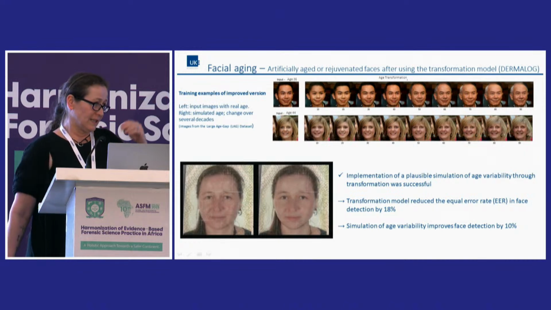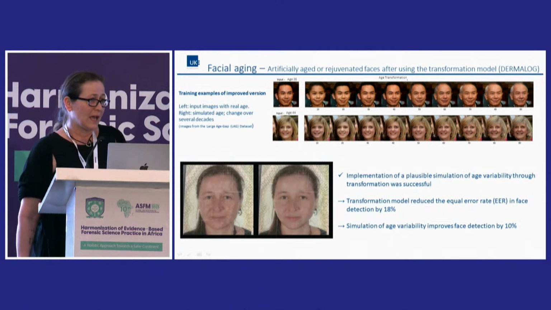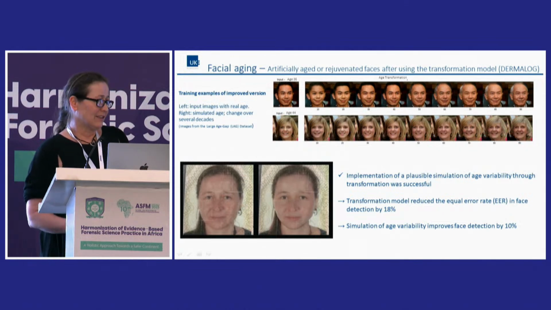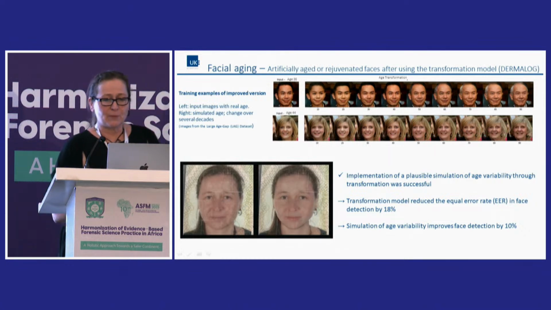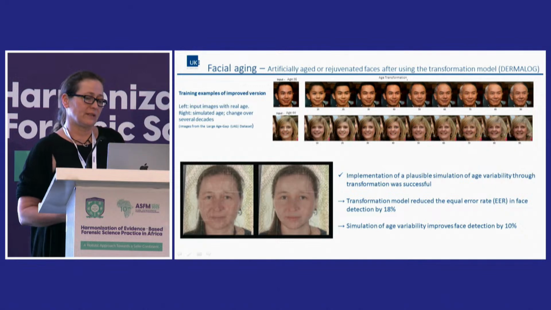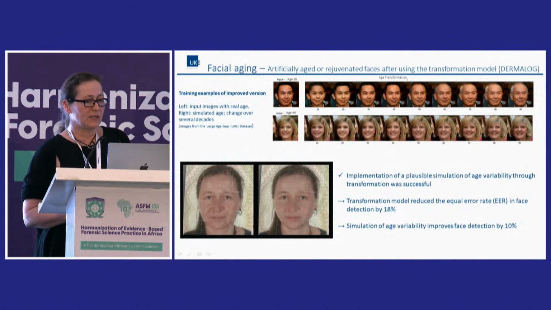Of course, this is really important. Facial aging is always difficult, as you know. And this just shows you what Dermalog did before a little bit. They built up a transformation model, and they trained a big data set with this transformation model which is already existing.